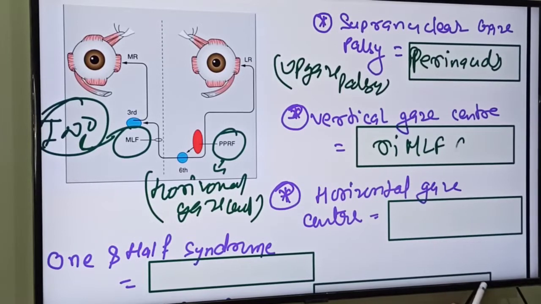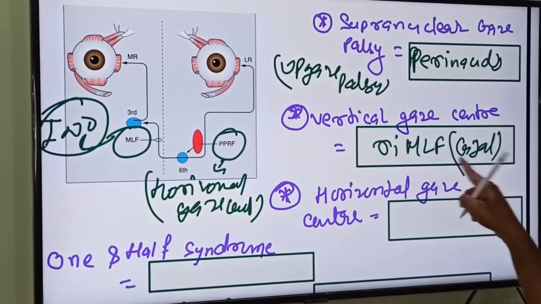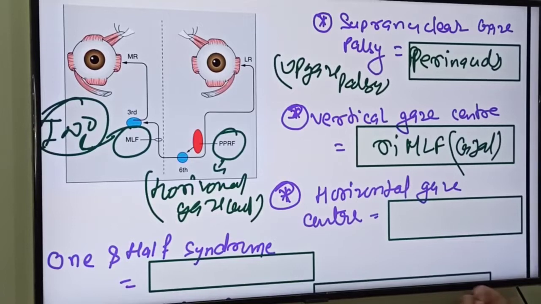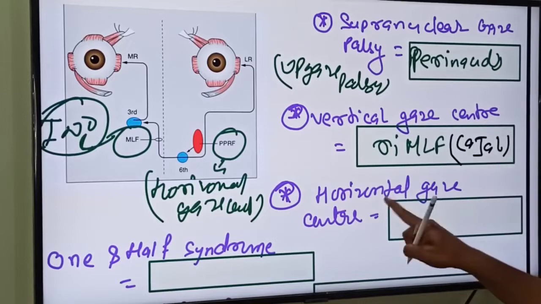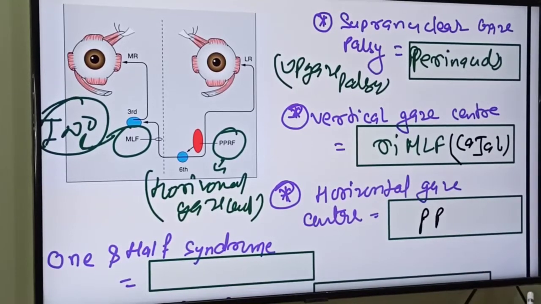The keyword will be Cajal, C-A-J-A-L. This is a very important name. The horizontal gaze center is PPRF, the parapontine reticular formation.